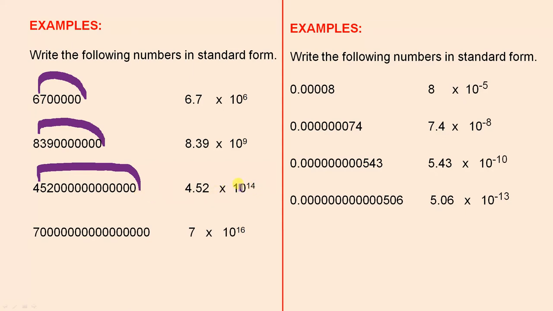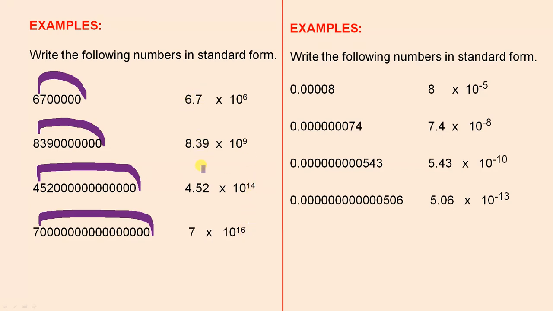And for this large number, we go all the way to just after the 7. So it's 7 times 10 to the 16, because the number of places from here to there is 16. Notice, because these are very large numbers, each of these powers is positive.